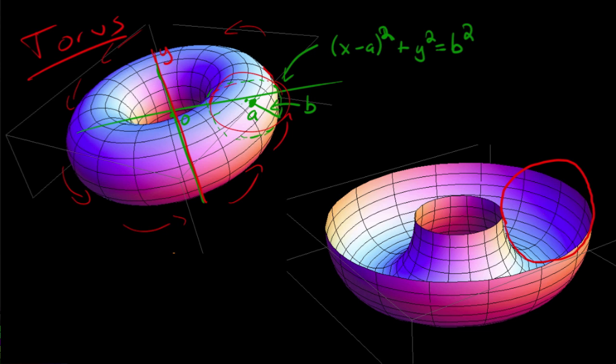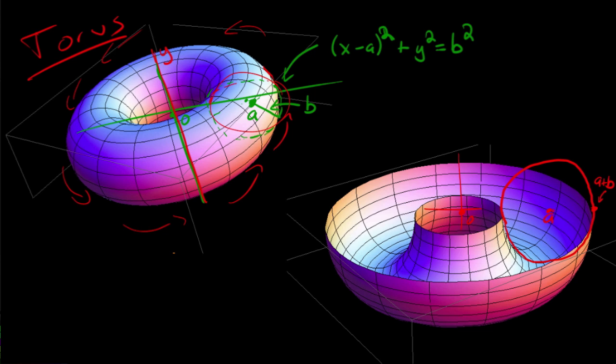This is the axis, this is 0, this is a, and right here this is a plus b.